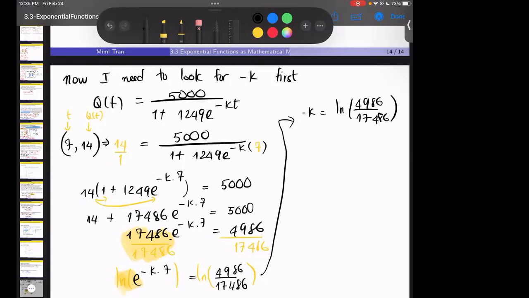Sorry, I forgot the 7. Multiply both sides by 1/7. I would suggest multiplying by the reciprocal instead of dividing by 7. It just sounds easier that way. So I have negative K equals 1/7 times ln of that block.